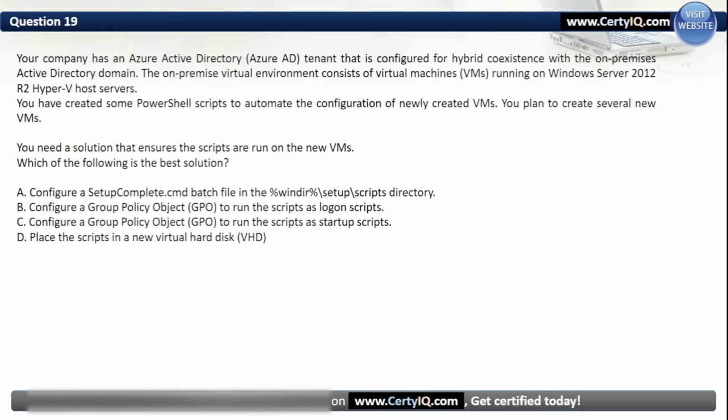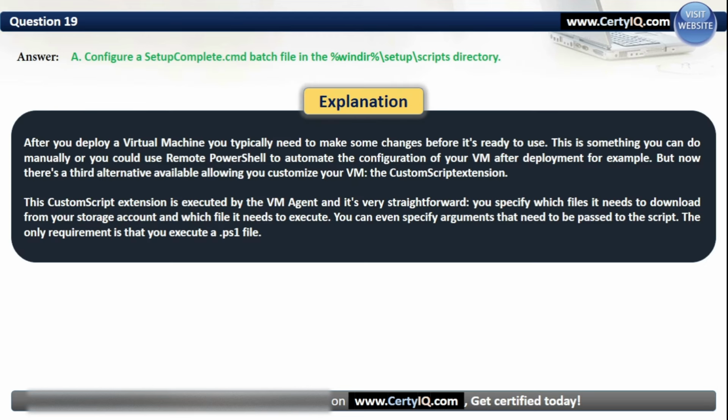Configure a setupcomplete.cmd batch file in the %windir%/setup/scripts directory. After you deploy a virtual machine, you typically need to make some changes before it is ready to use. This is something you can do manually, or you could use remote PowerShell to automate the configuration of your virtual machine after deployment, for example.